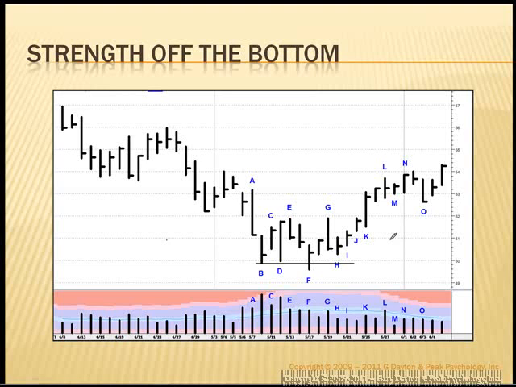Bottom building typically, unless you see a long saucer bottom type thing, bottoms typically do require high volume to stop the market from going down, and then it's a process where we come down and test, and there typically is high volume.